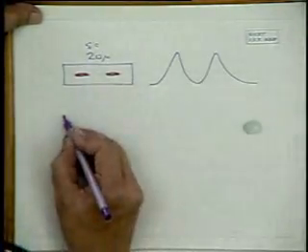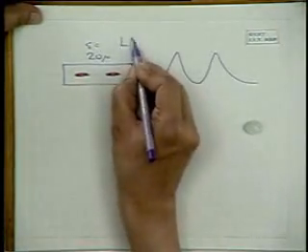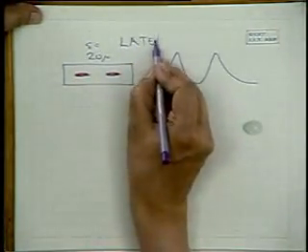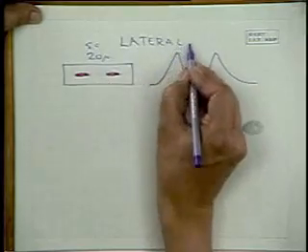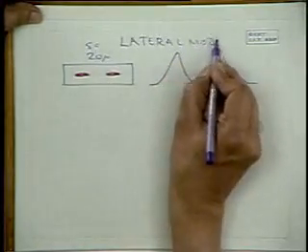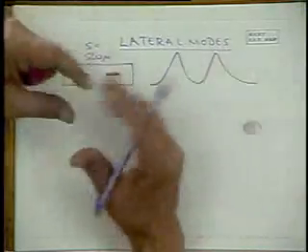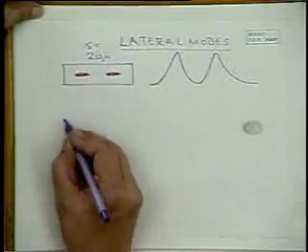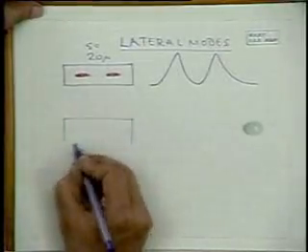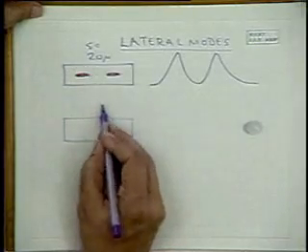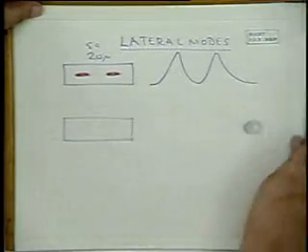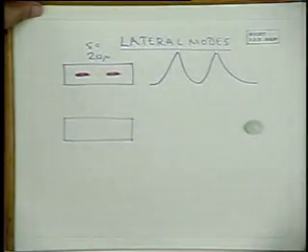Still further higher order, these are lateral modes, okay, as opposed to different longitudinal modes. The length of the cavity determines different longitudinal modes. These are different lateral modes due to the finite width of the stripe. You could get for larger S a mode of this type.